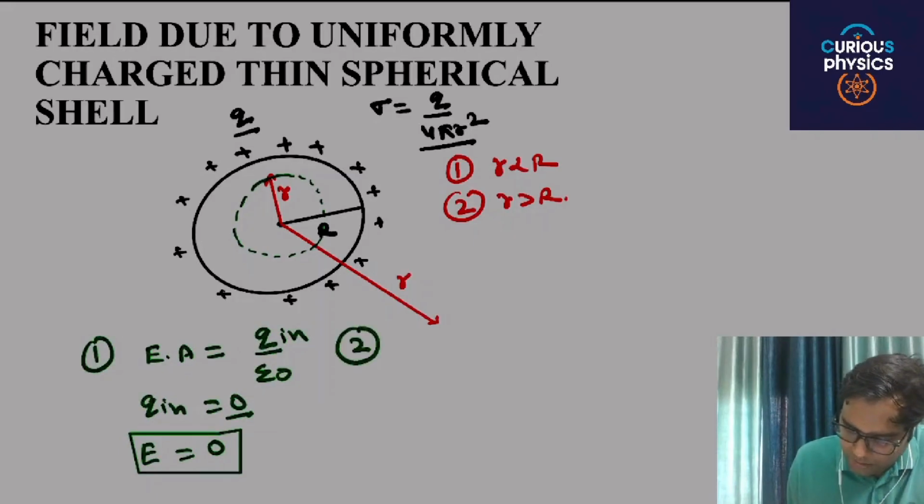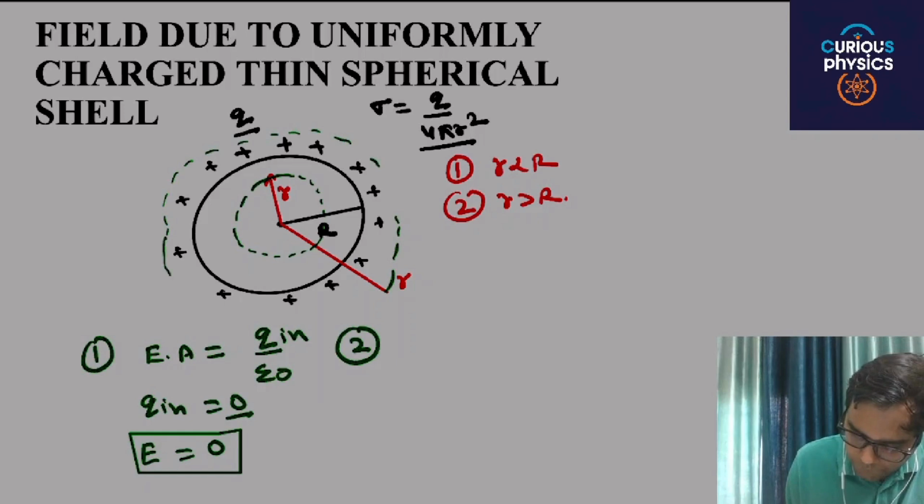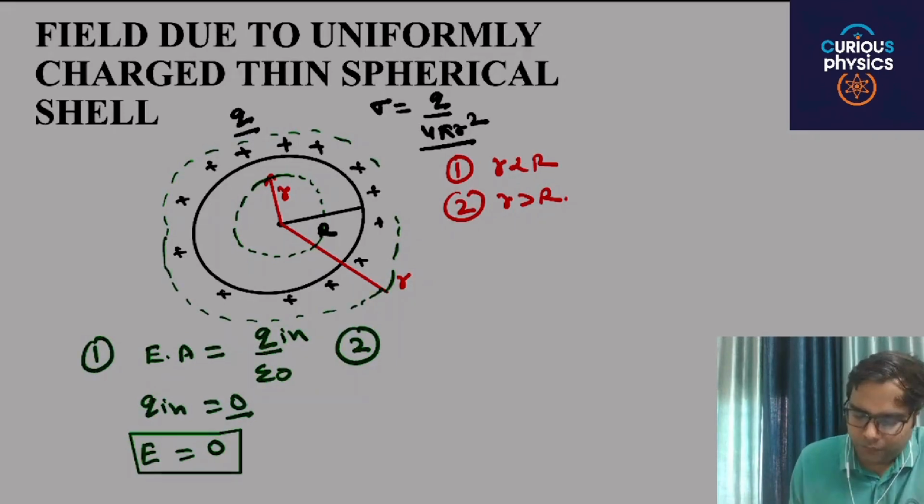In second case, now if you have to find the field outside, you can choose this particular point here. The second case, this is the Gaussian surface. This is for the first case, this is for the second case.